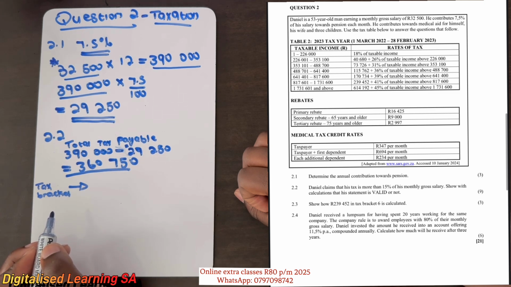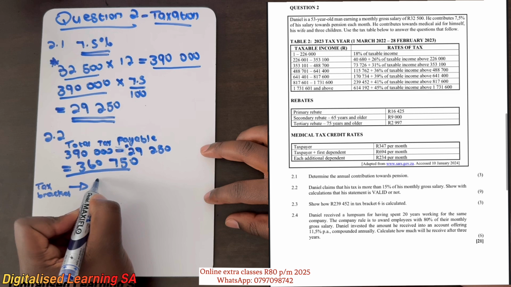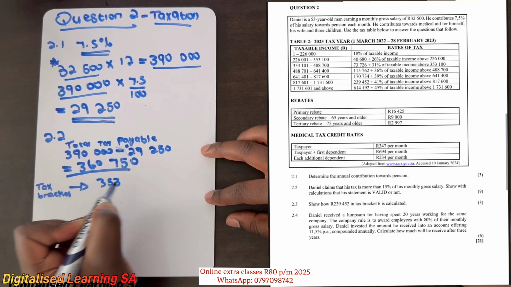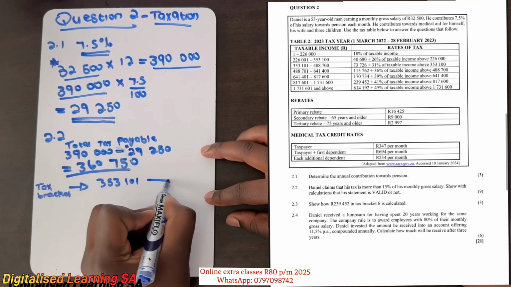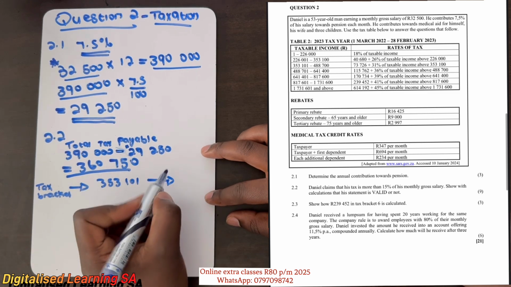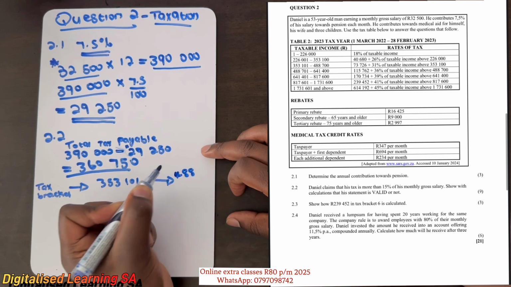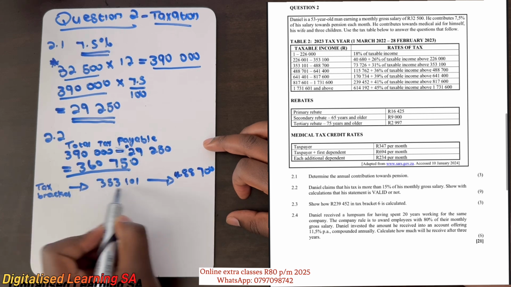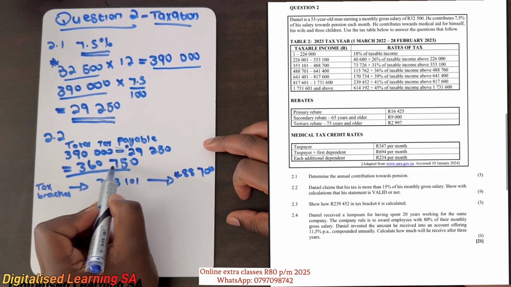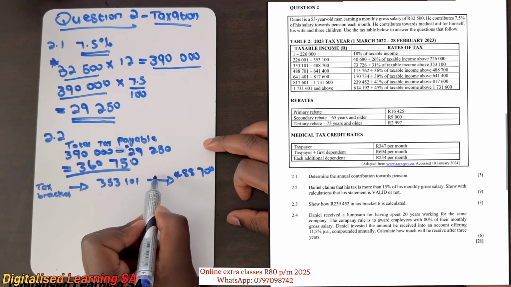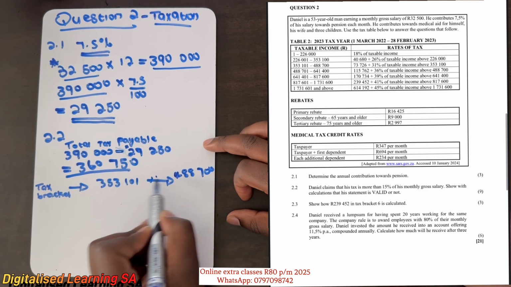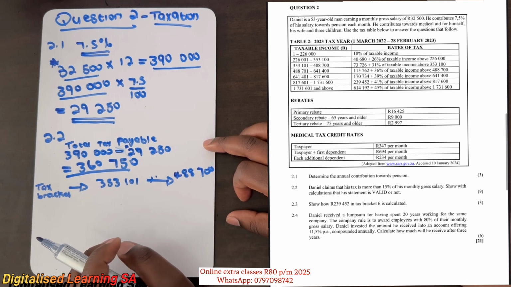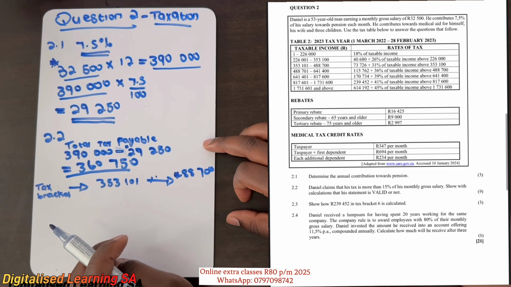Looking at tax bracket number 3, we can see that it ranges from 353,101 to 488,700. This is his tax bracket, because the 360,750 falls somewhere in between this range. So we are going to focus on that bracket.